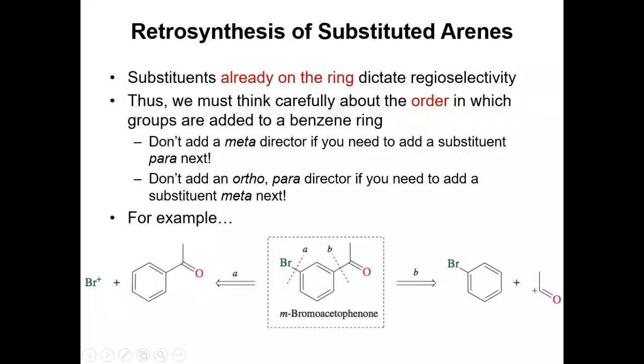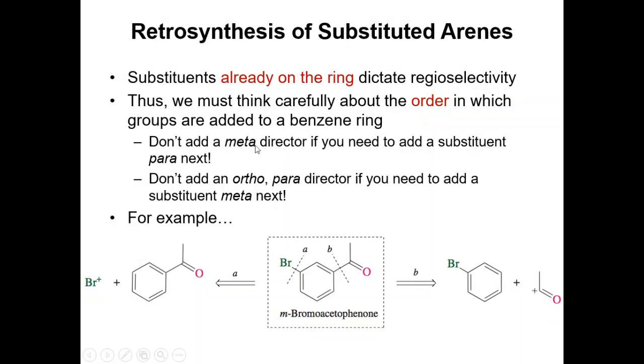One is that substituents already on the ring dictate regioselectivity. That's what we have been talking about since last class and the entire class today. In certain cases we must also think carefully about the order in which groups are added to a benzene ring.